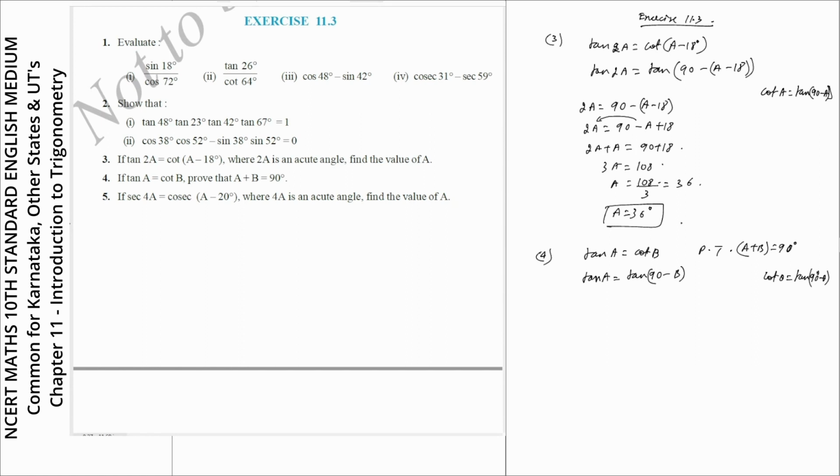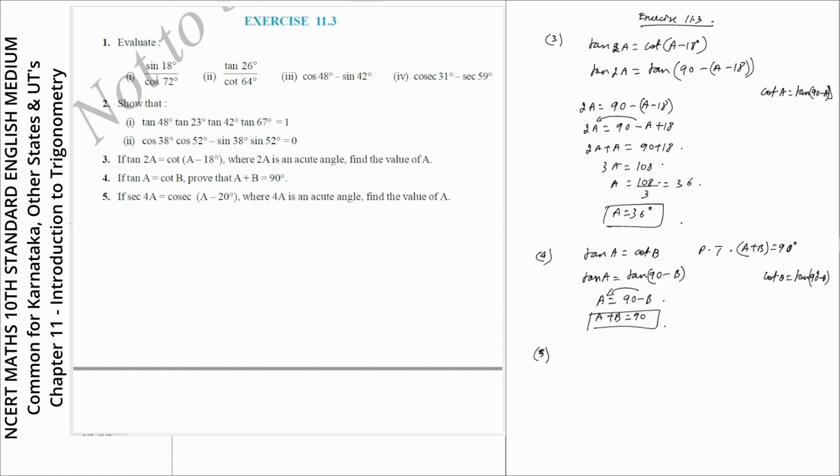So cot B I can write as tan of 90 minus angle B. Okay, so here left hand side and right hand side both are same, therefore I can equate the angles. So A is equal to 90 minus B. So if I take B to the left hand side, A plus B is equal to 90 I'll get.